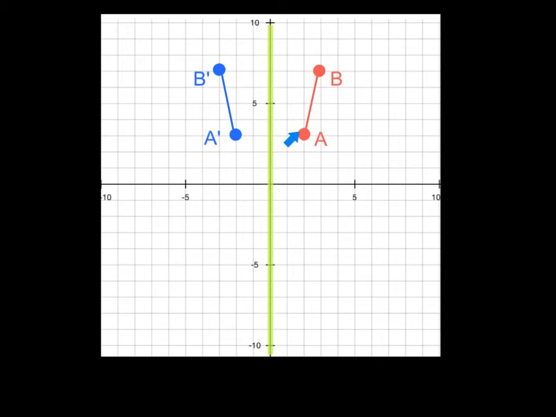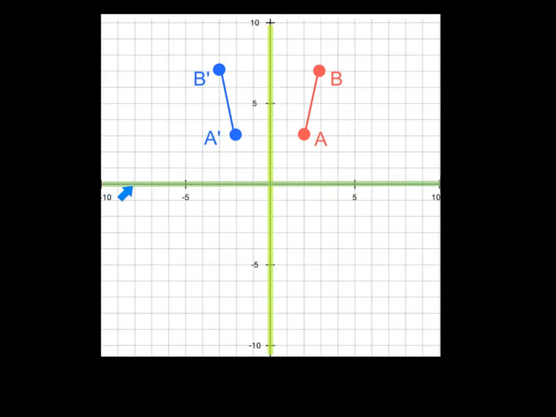A becomes A prime with a perpendicular crossing through the y-axis, 2 units away from the reflecting line, 2 units away from the reflecting line. Point B becomes B prime with a perpendicular crossing through the line of reflection. 3 units away and 3 units away.